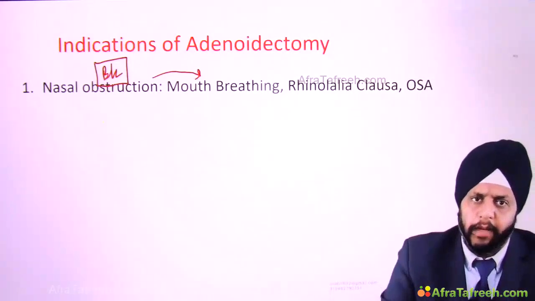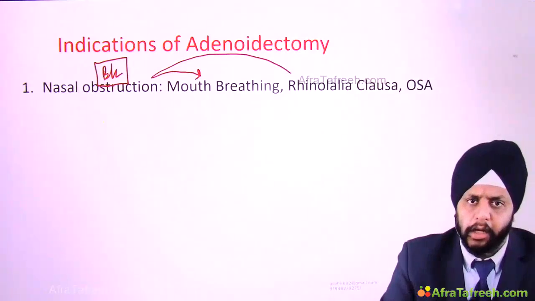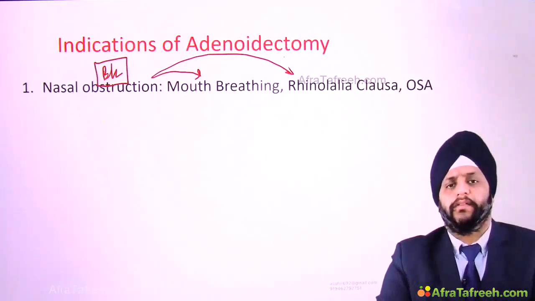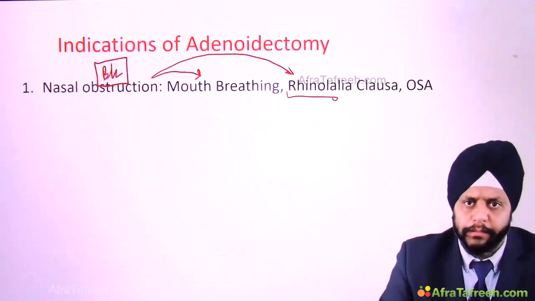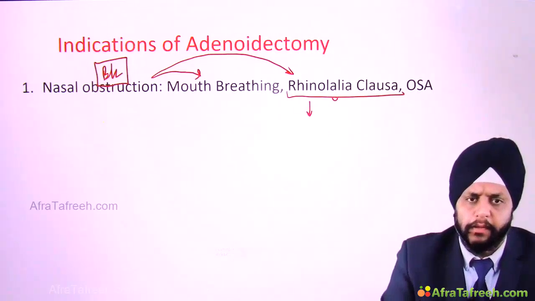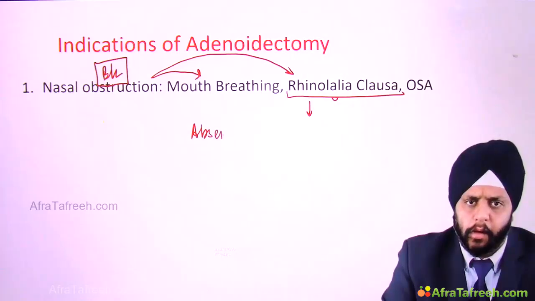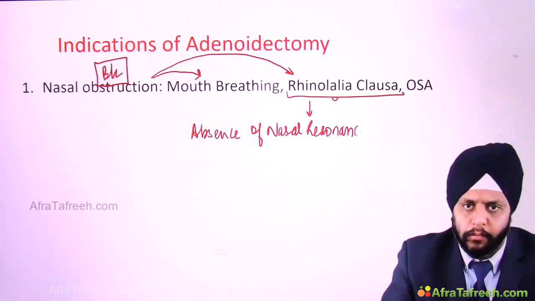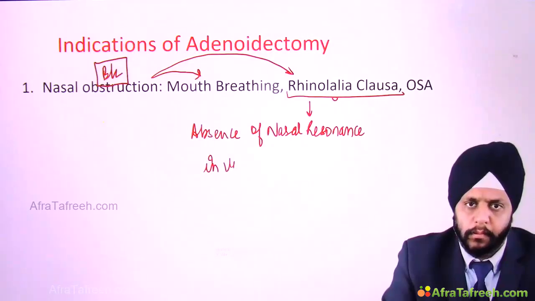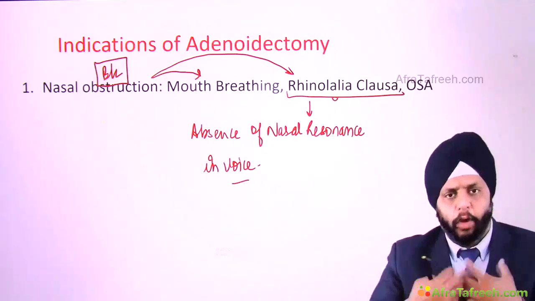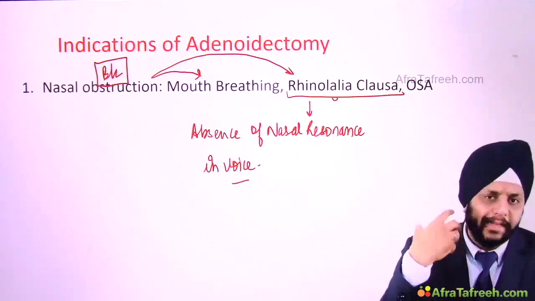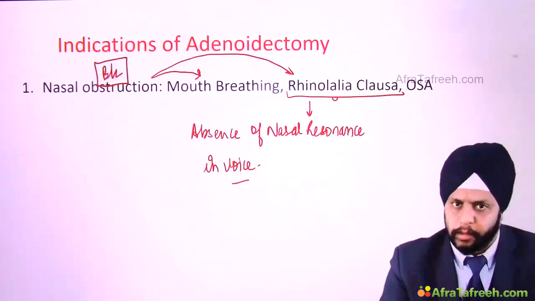The child may have rhinolalia clausa. So what is rhinolalia clausa? It simply means absence of nasal resonance in voice. When we speak, our voice also resonates in the nasal cavity and then comes out.